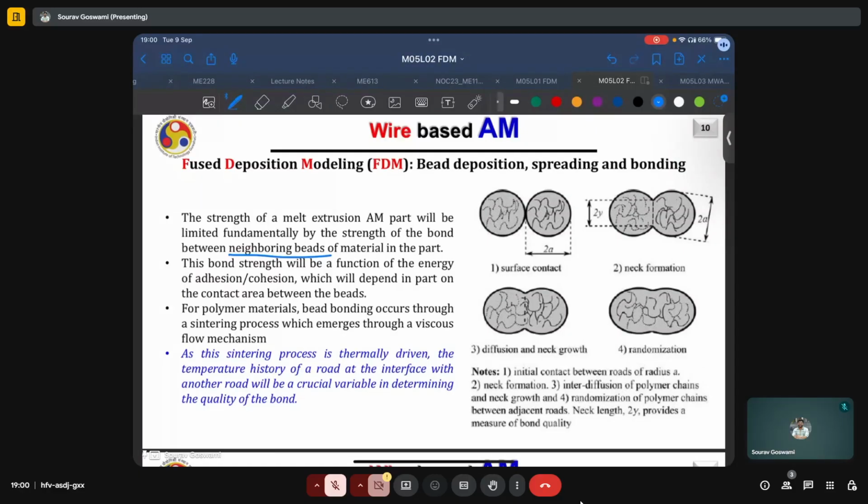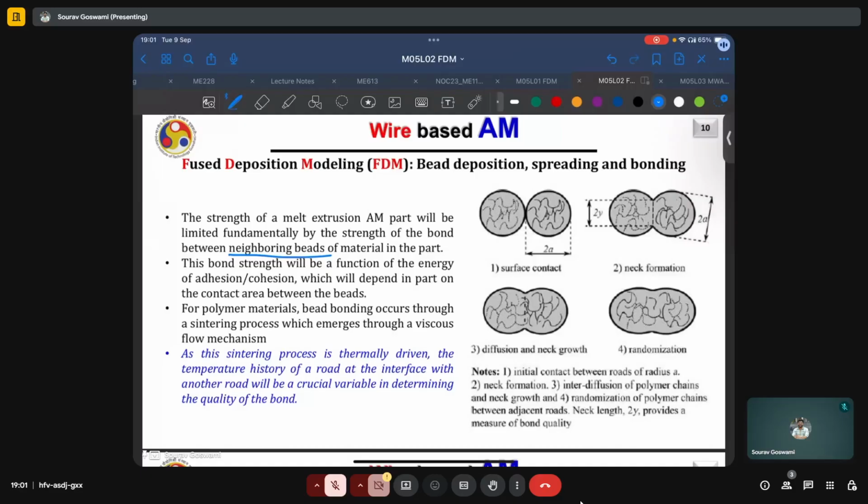For polymeric materials, the bead bonding occurs through a sintering process which emerges through a viscous flow mechanism. And as the sintering process is thermally driven, the temperature history of a road at the interface with another road becomes a crucial variable in determining the quality of the bond.